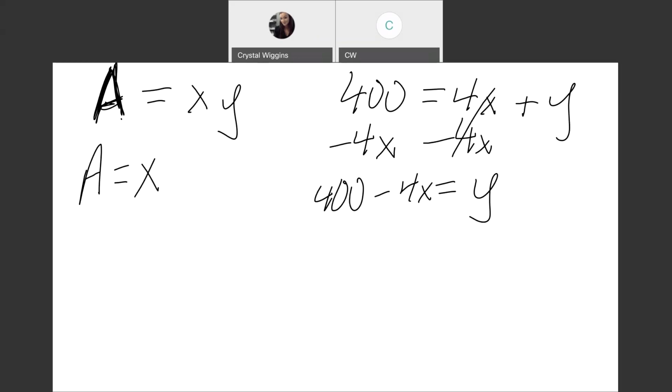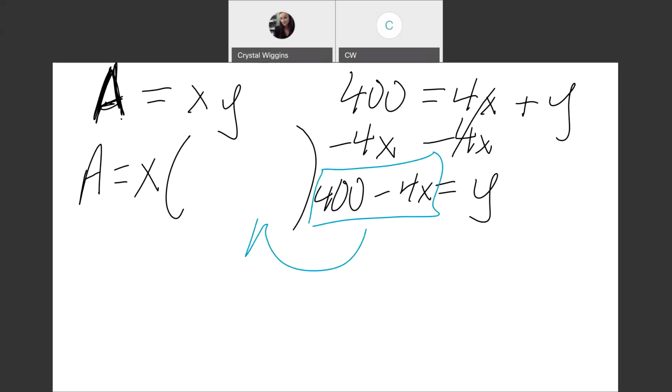Since y is equivalent to 400 minus 4x, let's substitute this into the area equation for y. Now that gives us an equation in terms of x, which is a very helpful place to be.